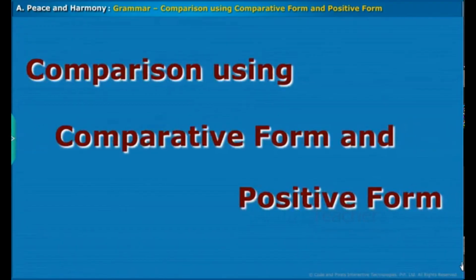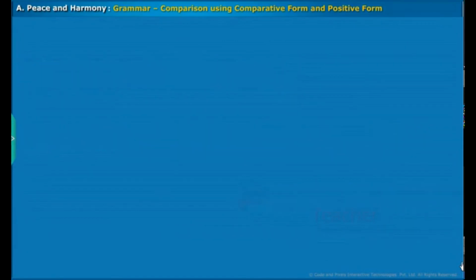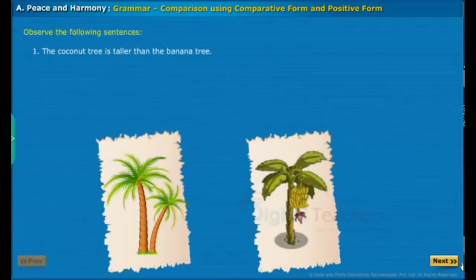In this section, we will learn how to express the same comparative sentence using comparative form and positive form. Observe the following sentences. The coconut tree is taller than the banana tree. The banana tree is not as tall as the coconut tree.